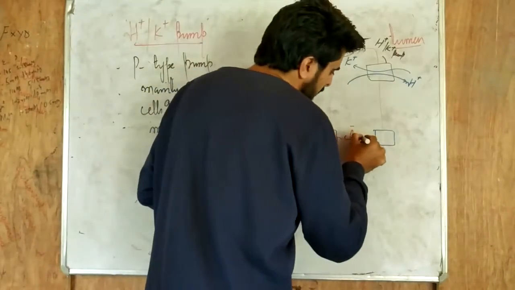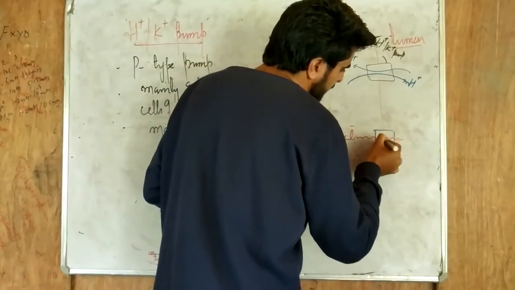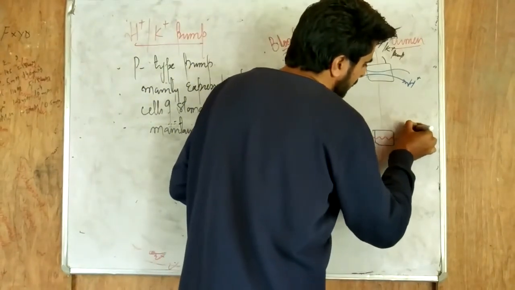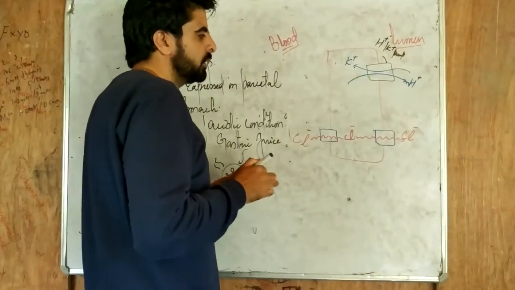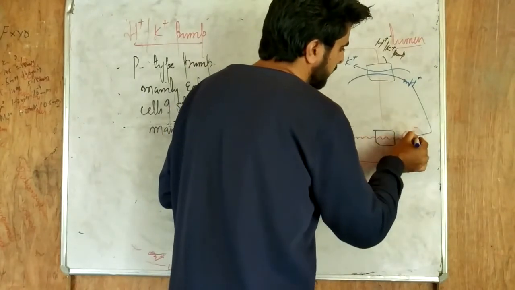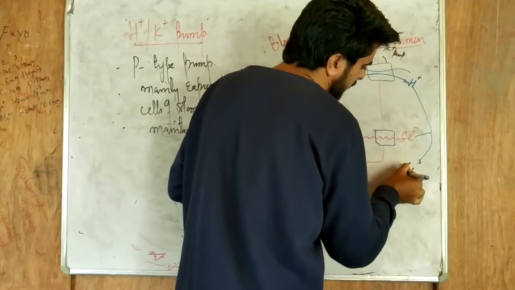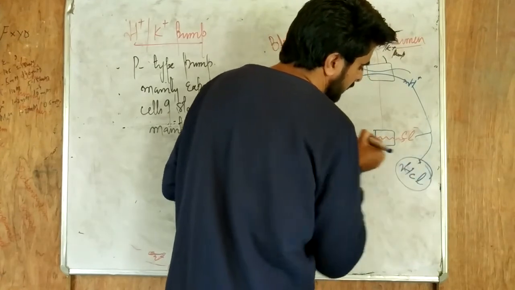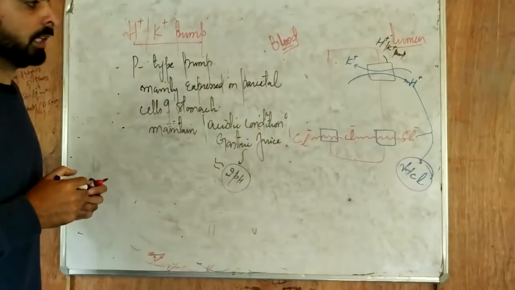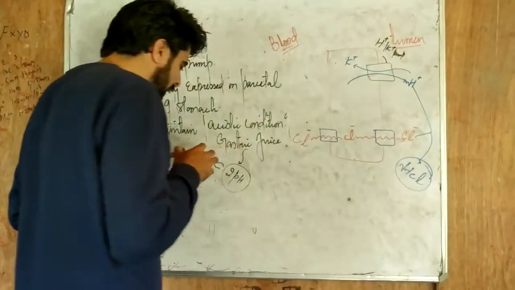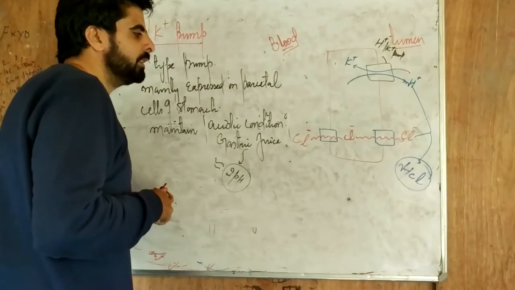Then from the intracellular space, it is taken by the chloride transporter into the lumen of the stomach. Now this chloride as well as the hydrogen proton combine together to form HCl, which is known as hydrochloric acid. So the acidic environment gets created inside the lumen, which is approximately 2 on the pH scale.